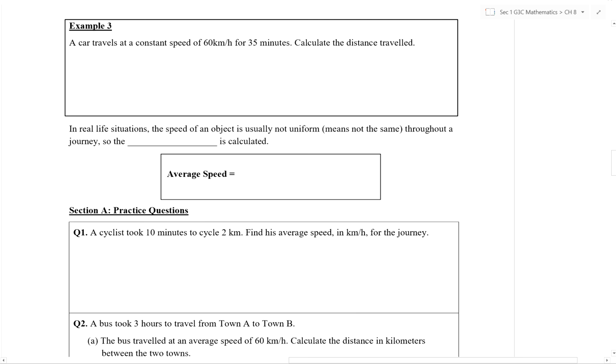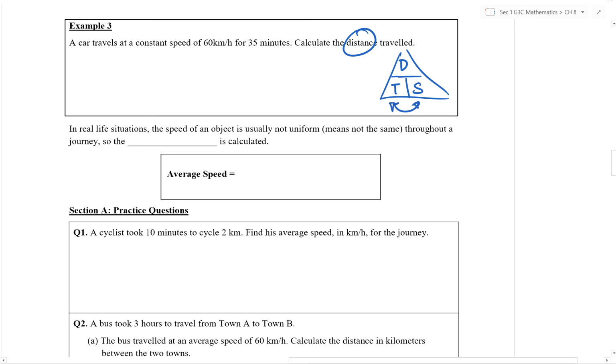I believe you were introduced to this triangle over here, where we have our distance, time and speed. So if we want to find distance traveled, we take the time, multiply by the speed.